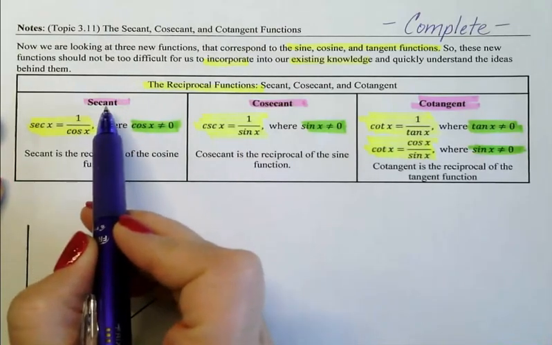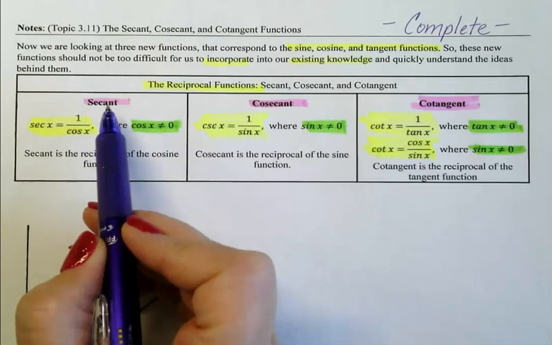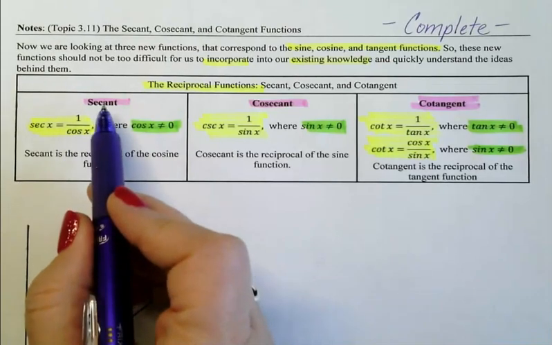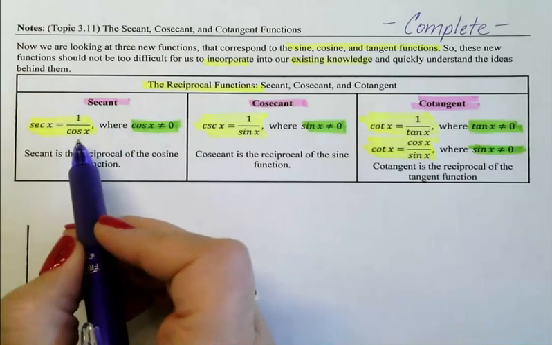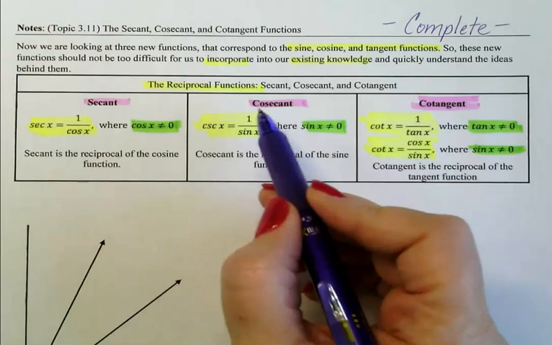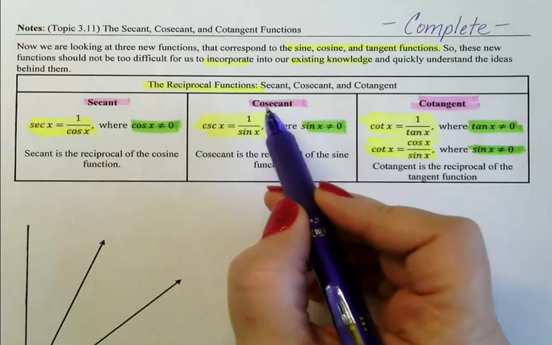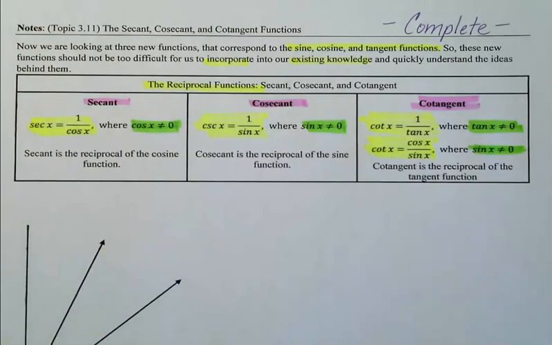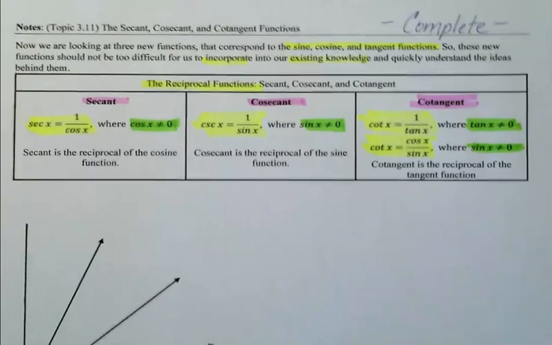Secant does not have a prefix of co, so between sine and cosine, cosine does have the prefix of co. So this doesn't have a prefix of co, so it's going to match up with cosine, which does. And cosecant has a prefix of co right here, so it's going to match up with sine because sine does not. So if you like that memory device, use it. If not, figure out how you're going to keep them straight and you will be fine because we just want to make sure we're pairing the right function with its correct reciprocal.